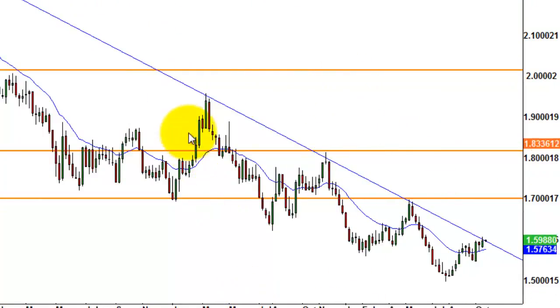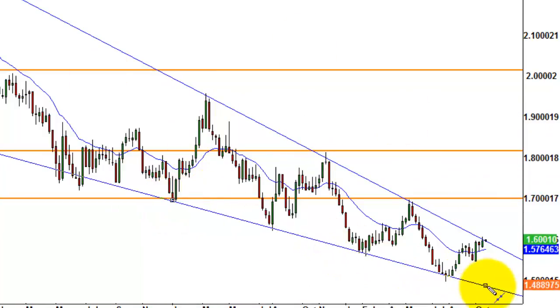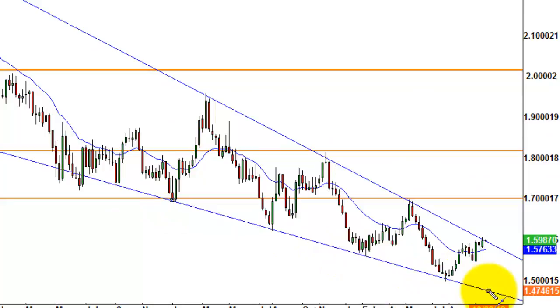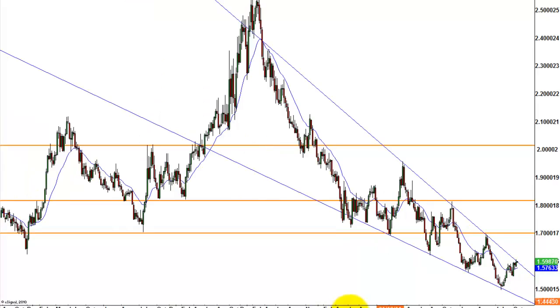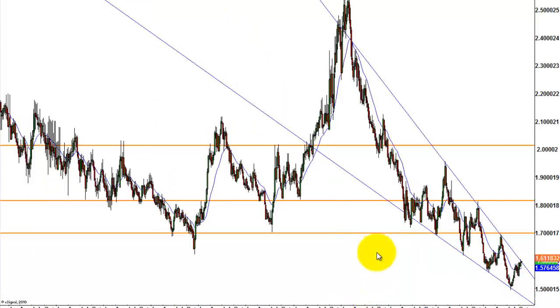You can see we can join these peaks up as it makes these lower highs and lower lows, and also align these troughs as well. They seem to be intersecting perfectly. And it's very seldom we get a trend this uniform on the weekly time frame, let alone the daily. But let's see if we've got any horizontal levels which conform to this as well.